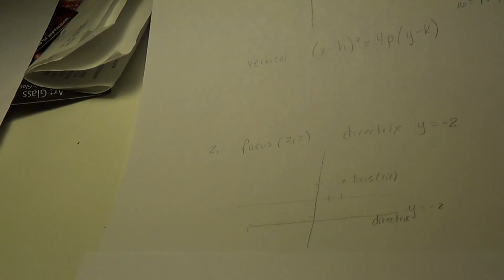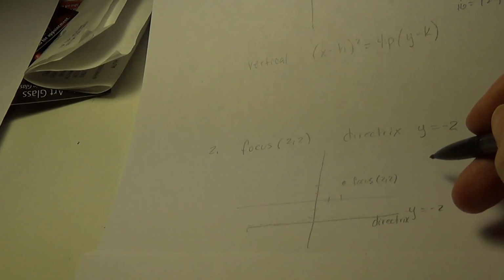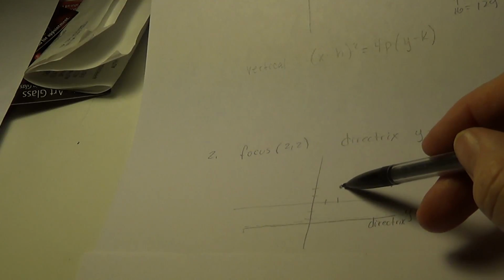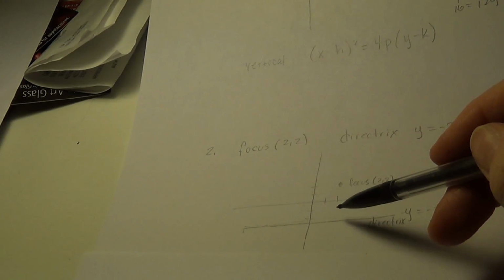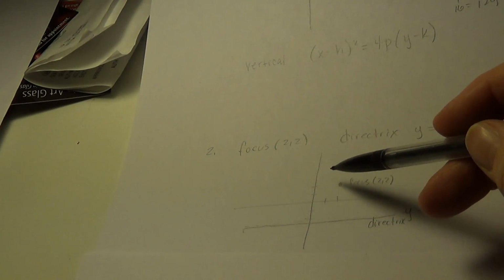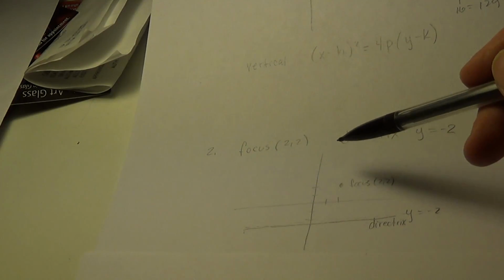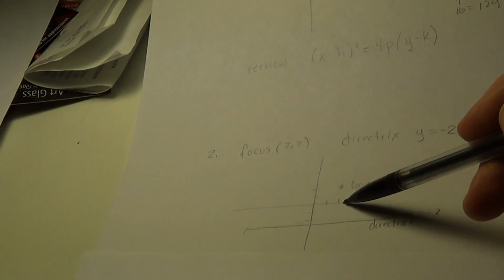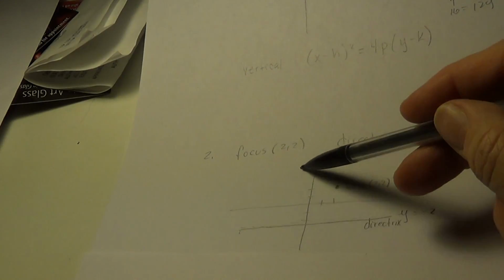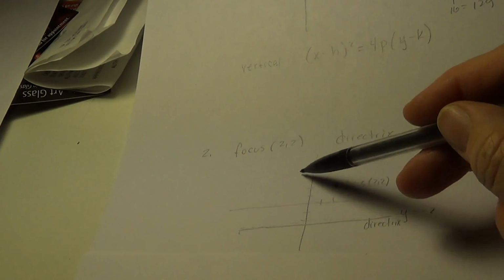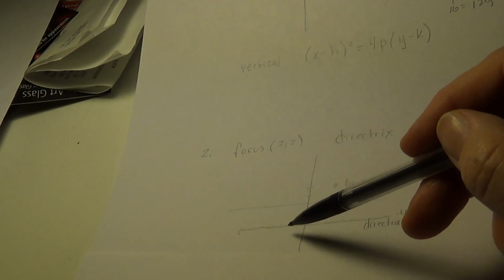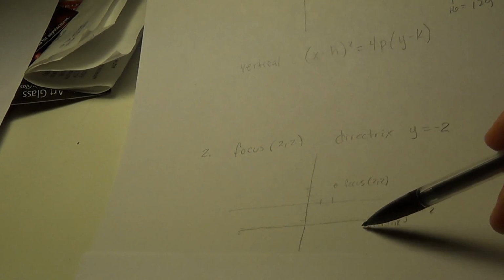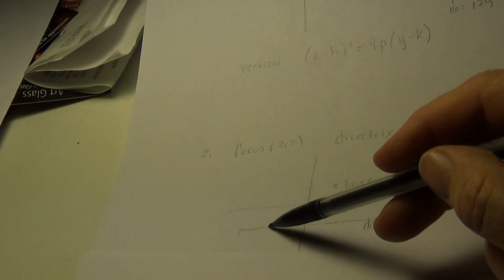And if you recall, we need the vertex for standard form. If this is the focus and this is the directrix, once again we are going to have a parabola that will open upwards, because the parabola is going to be enveloped by the focus and the directrix, it will not intersect.